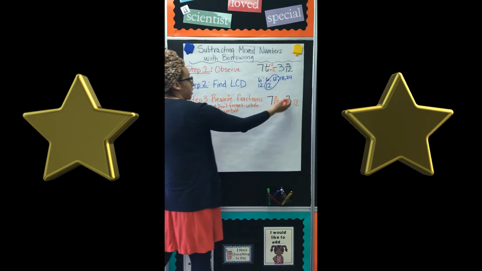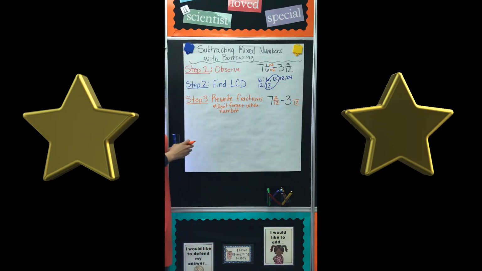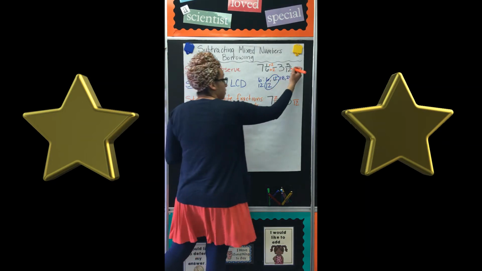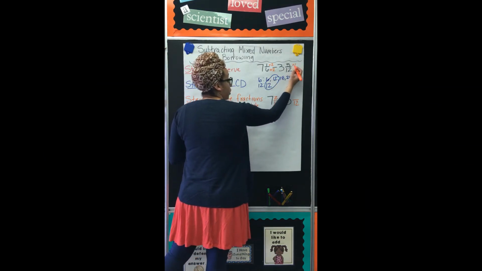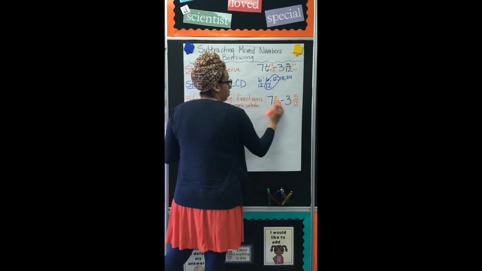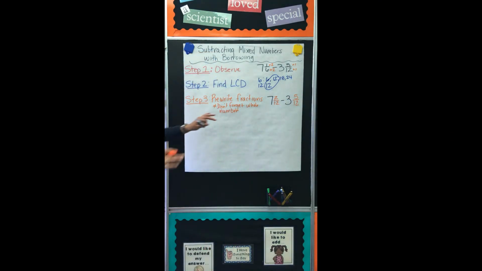Then we look over here and we think, how did we get from 12 to 12? Well, we multiplied it by 1. Does 1 change anything? So do we have to multiply this by 1? No, we could just drop this fraction down, untouched, completely, just exactly how it was in our original problem.